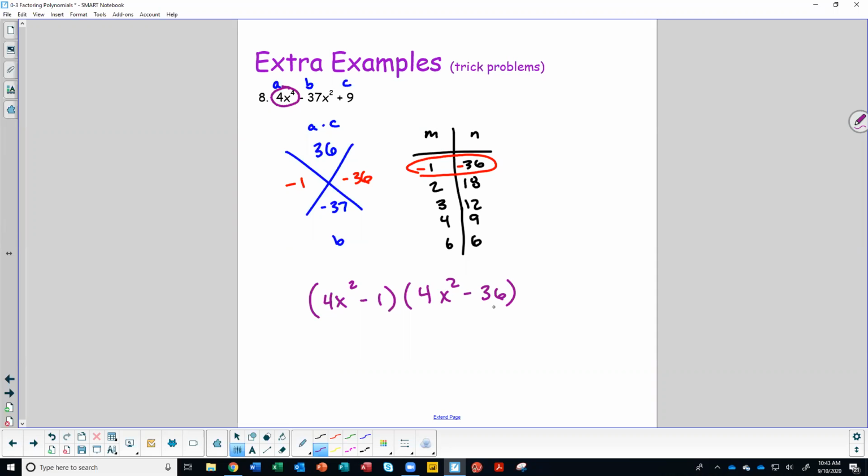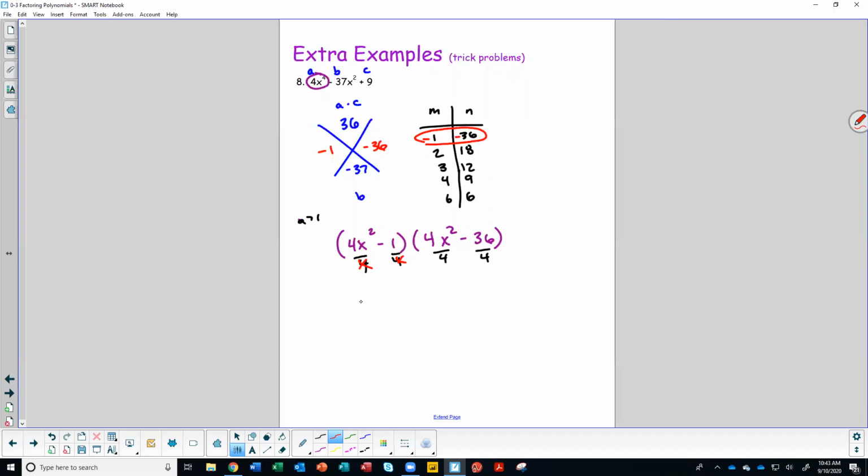You look and you say, okay, since a is greater than 1, I got to divide by that a term of 4. Can the first parenthesis be divided? No. But can the second? Yes. So this one does not get simplified because 4 does not go into 1. But here I can simplify. And so I get 4x squared minus 1 and x squared minus 9.